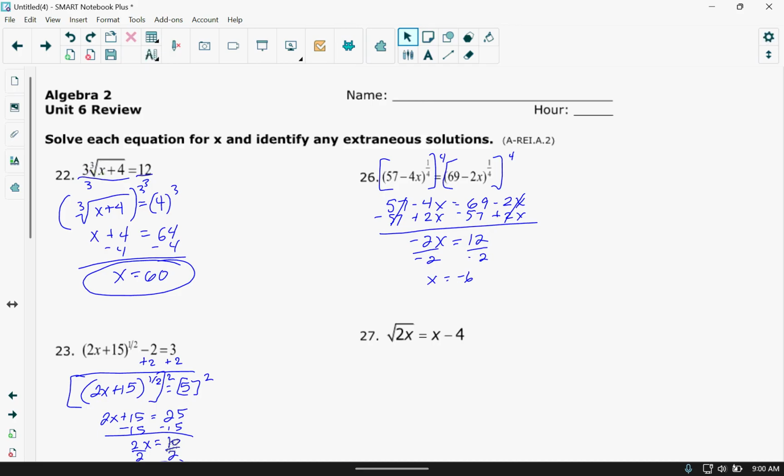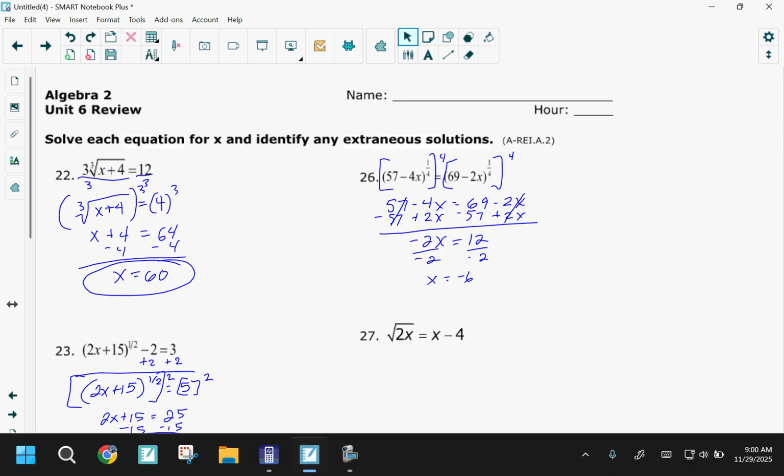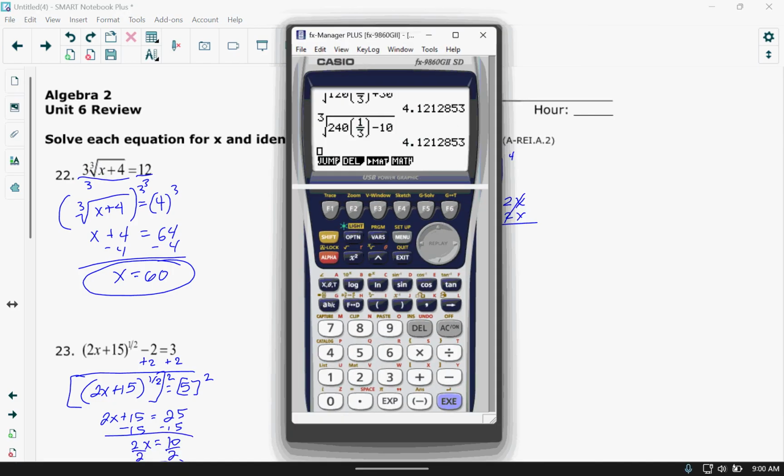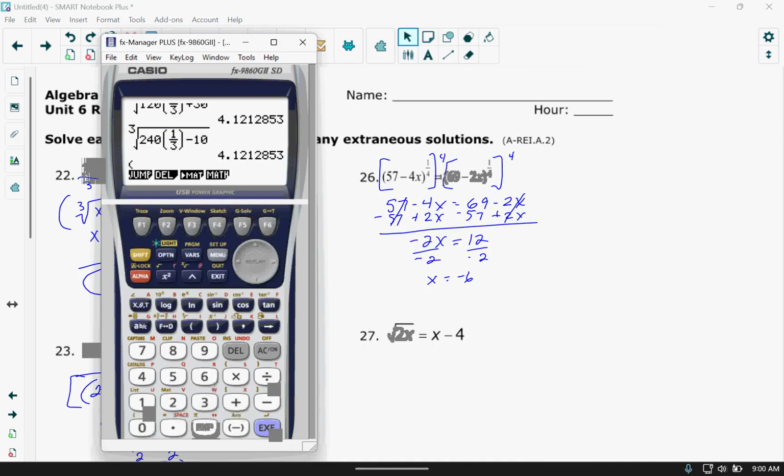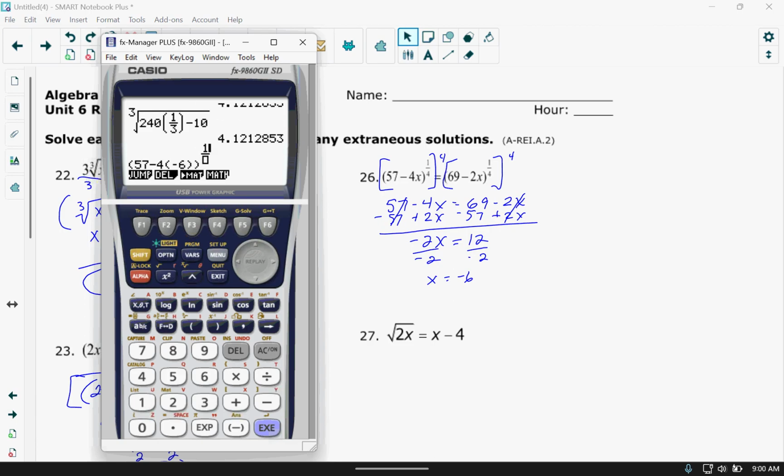Then I go and check it in the calculator. So I'll have, in parentheses, 57 minus 4, parentheses negative 6. Close the parentheses, close the second parentheses, and then we raise that to the 1/4 power.